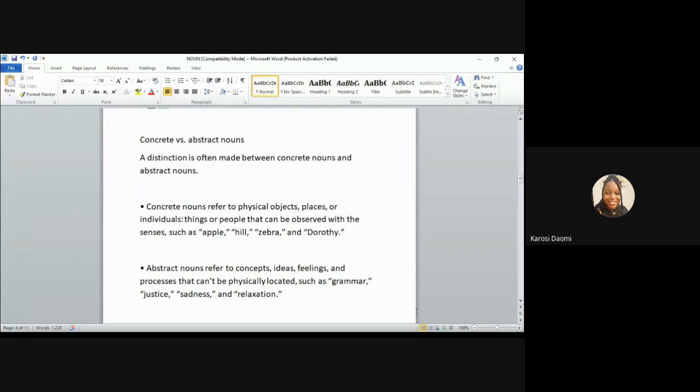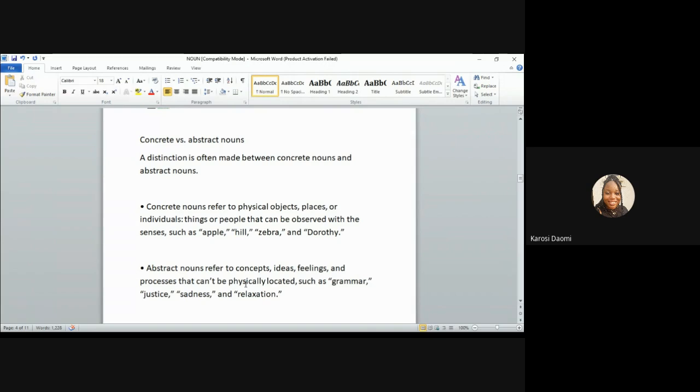Can you describe how you're feeling? Sometimes it's hard to put it into words, but it doesn't negate the fact that you know exactly what you're feeling at that moment. So also you have concepts like relaxation, you have peace. These are concepts that abstract nouns define.